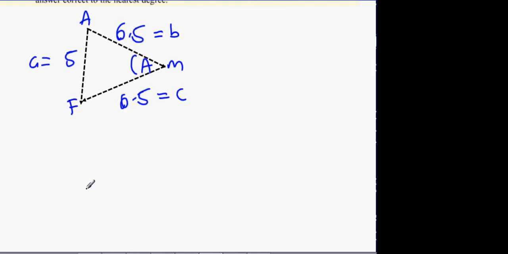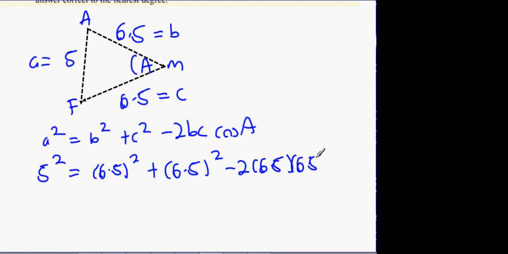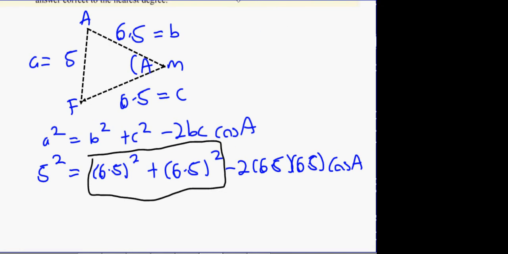So we get 5 squared equals 6.5 squared plus 6.5 squared minus 2 times 6.5 times 6.5 cos A. Can half the class do the one in black, and the rest the one in the pink bubble?